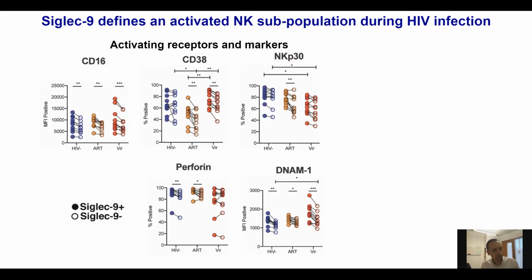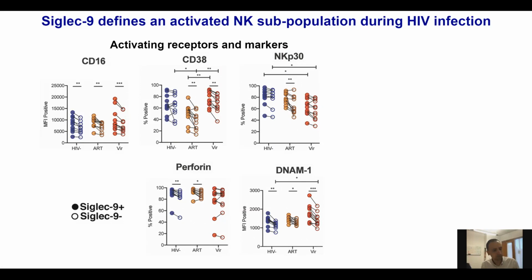We used cells isolated from either HIV uninfected individuals, HIV infected individuals on therapy, or HIV infected individuals not on therapy. And as you can see here, the expression of several NK activating receptors and markers, including CD16, CD38, NKp30, peripherin, DNAM, is higher on Siglecs positive cells compared to Siglecs negative cells.